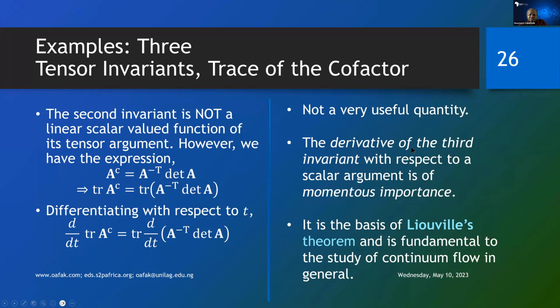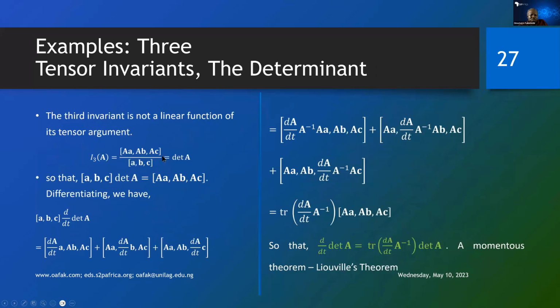But we can go to the third invariant, the derivative of the determinant, which is of momentous importance. This is the basis of Liouville's theorem that we'll look at when we are doing continuum flow. The third invariant is not a linear function, so we can do the differentiation here. When we looked at this last week, we reached the conclusion that it is simply the trace of this quantity multiplied by the triple product of A a, A b, and A c.